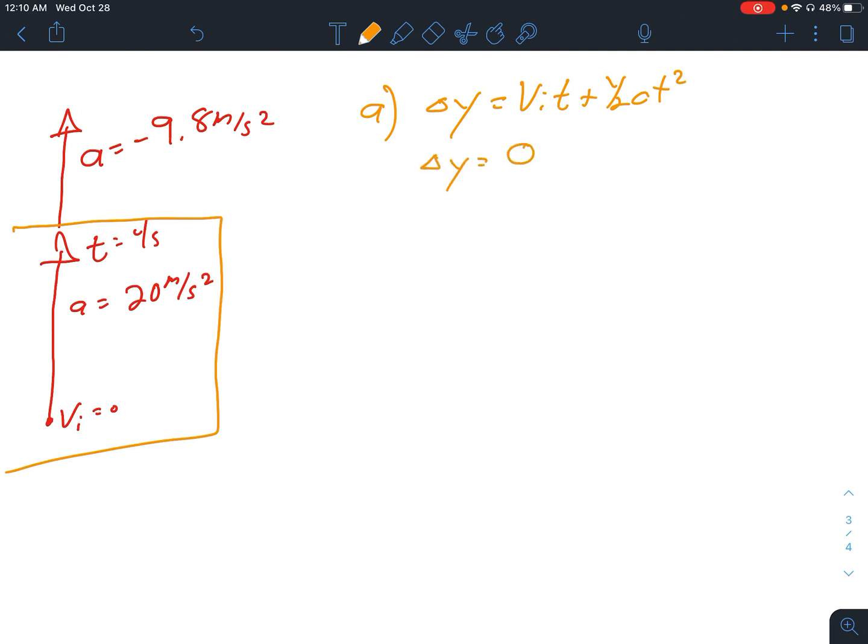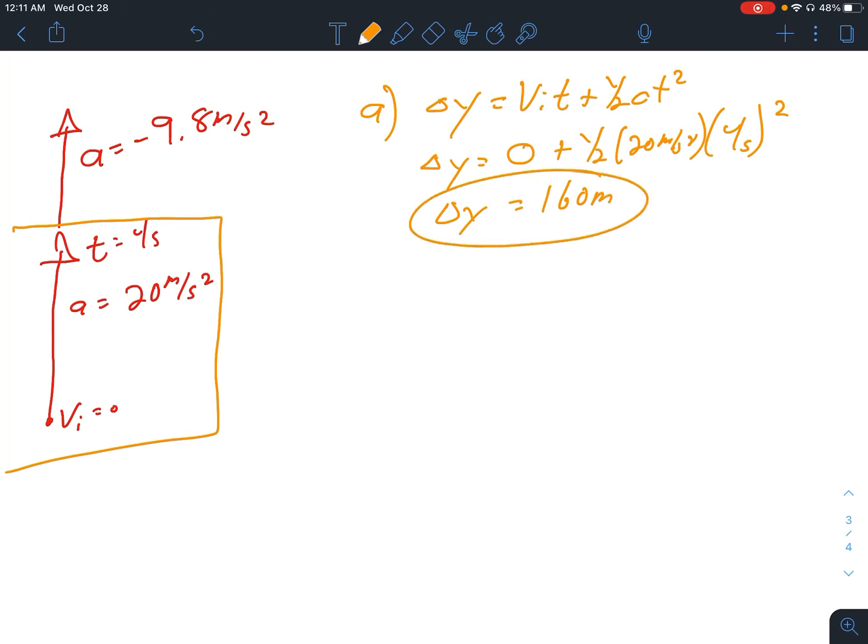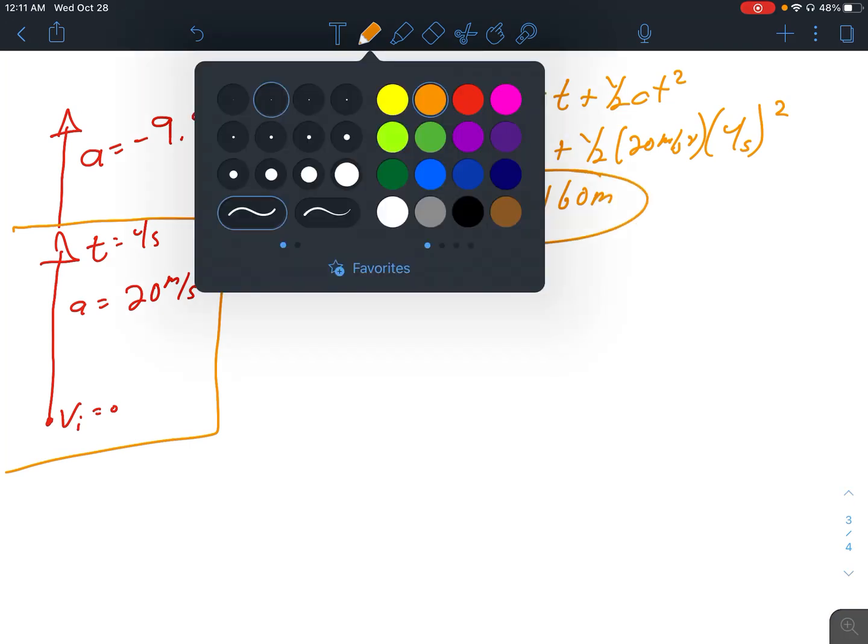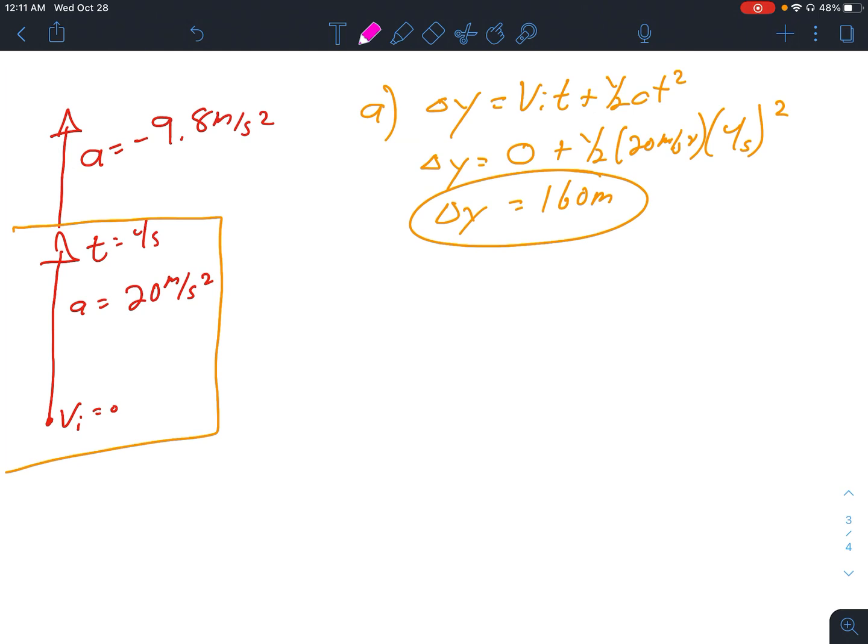This whole first term drops off because our initial velocity was at rest. And the time we were given is 160 meters. But that's for just this first portion.